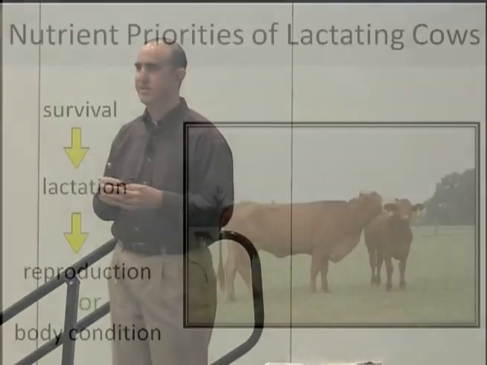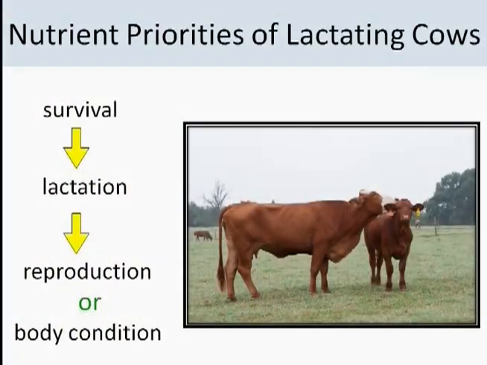Well, a lot of people like to say maintenance, and that actually kind of drives me nuts because that cow's not worried about maintaining her body weight after calving. Now, she's worried about surviving, so initially that's where her nutrients are going to go to make sure she survives. From there, she's going to produce milk, and lactation is where her nutrients are going to go.